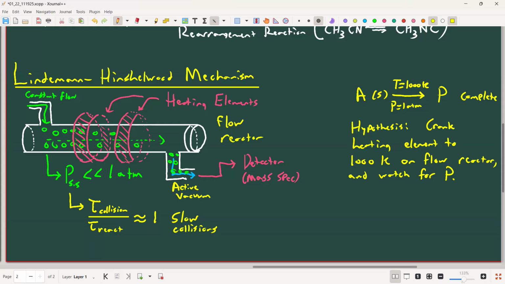He knows that stuff's going to fall apart at 1500, it falls apart at 1000. And so he goes to do that. He tries it at a high temperature. Right, no result. No P. That's strange.